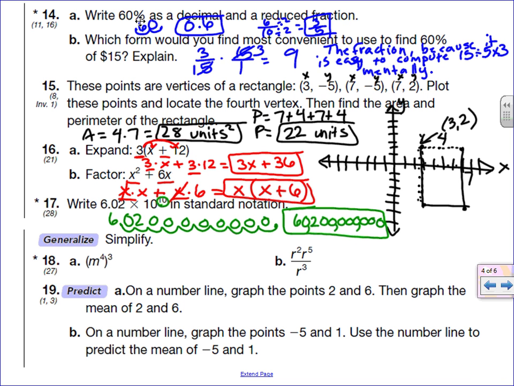Simplify when I have a power in parentheses raised to another power. You multiply the two powers. So this is m to the 4 times 3, which looks like m to the 12th. And then when I'm multiplying two things of the same base with exponents, I have r squared times r to the 5th, I add the exponents.